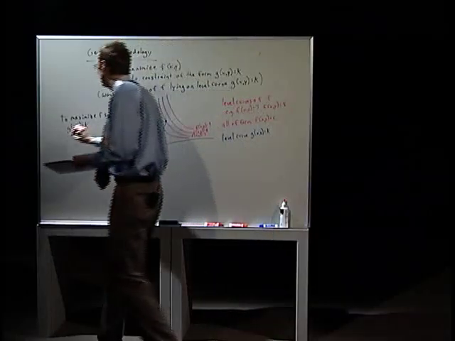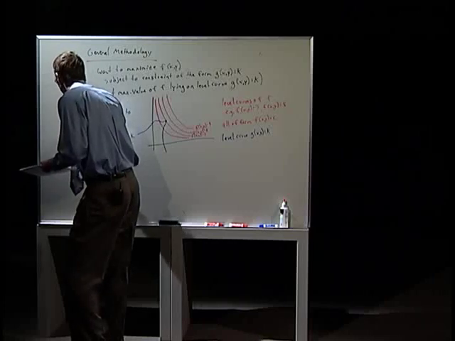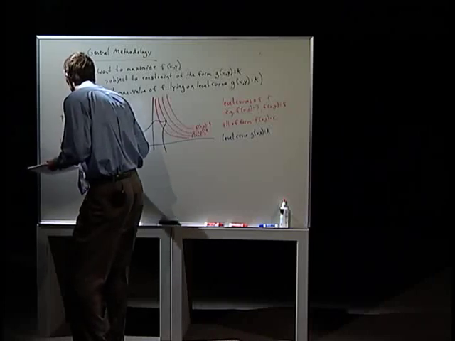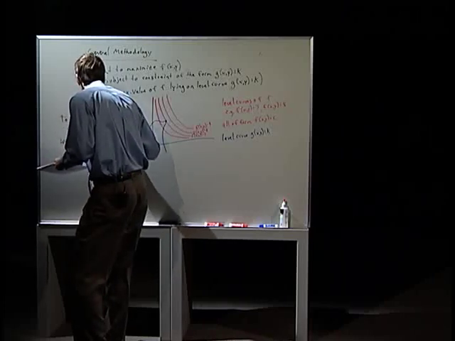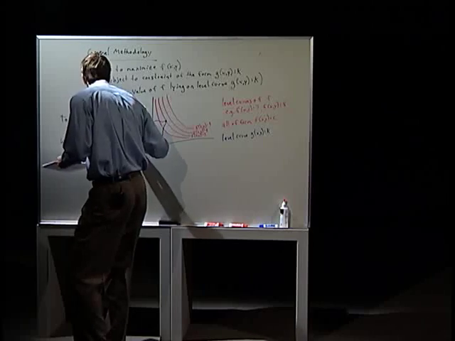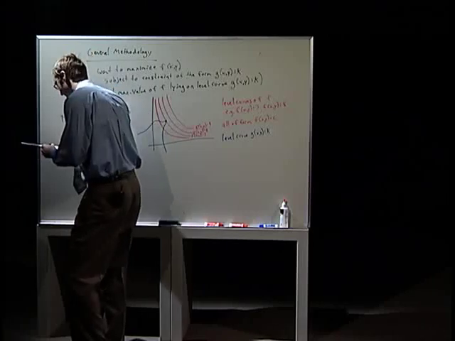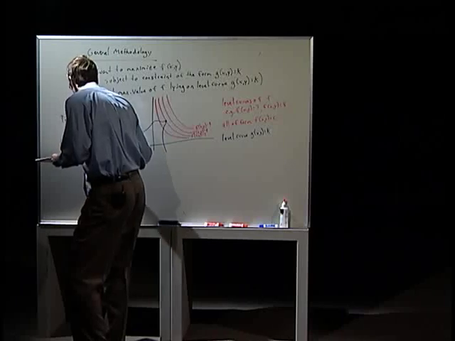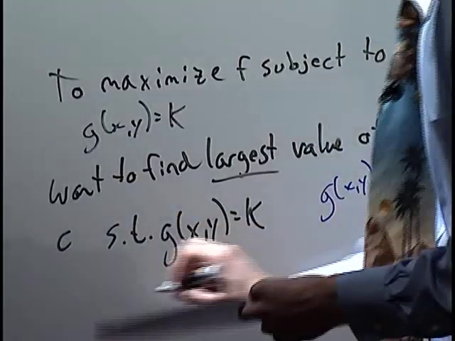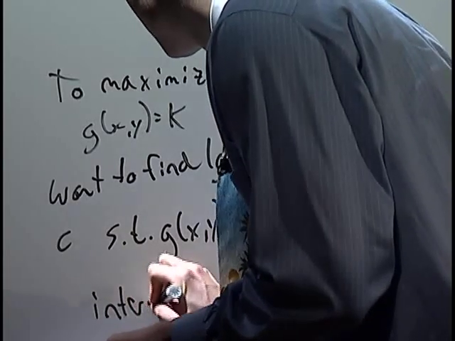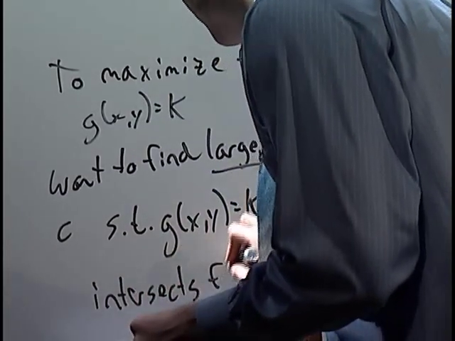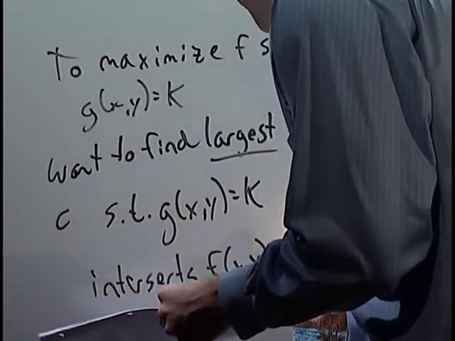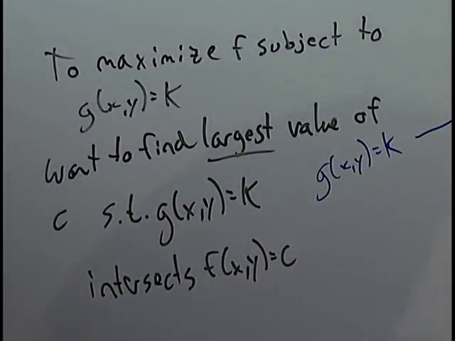So I want to find the largest value of c such that g of x, y equals k intersects the level curve f of x, y equals c, right?